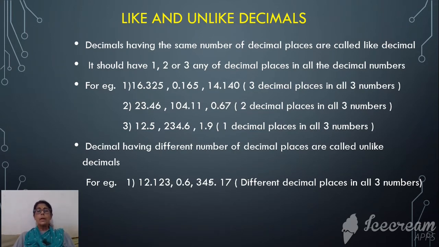So all 3 numbers have different decimal places. This is known as unlike decimals. Which decimals? Unlike decimals. Once again you check here, all the numbers have different numbers of decimal places.